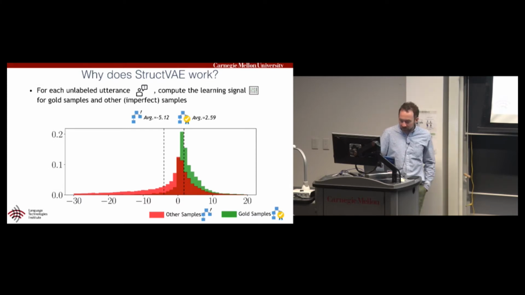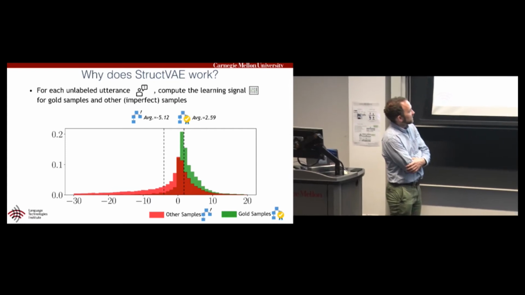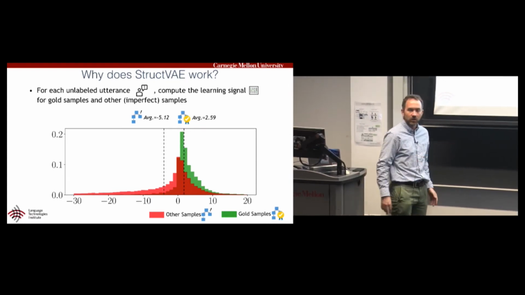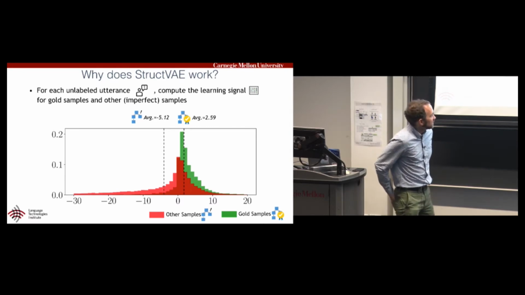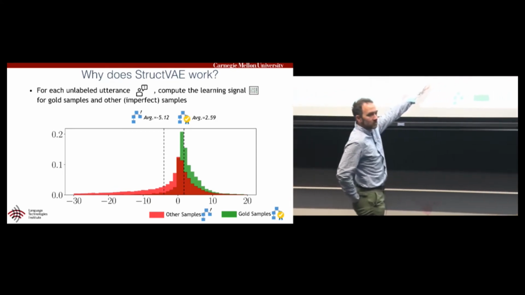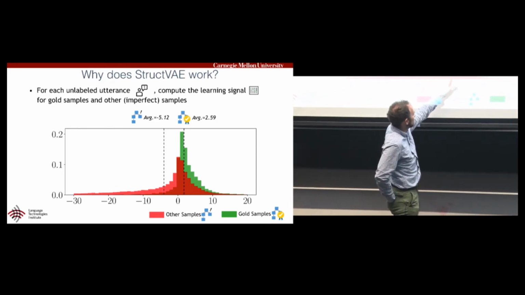So why did this actually work? One interesting thing about this data set is that we actually have all of the correct labels, even for the data that we're using as quote unquote unlabeled data. So what we did here was we plotted the learning signal that we got from the case when the sampled tree was the correct tree versus when we had the other incorrect trees.